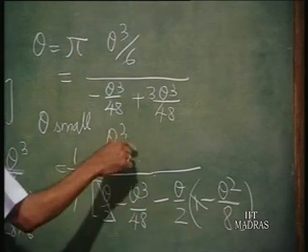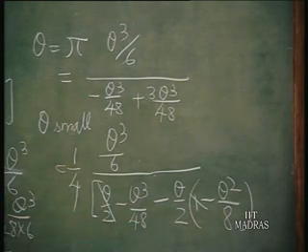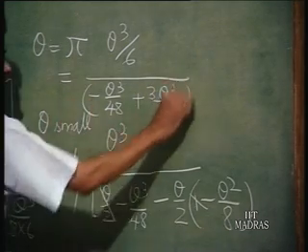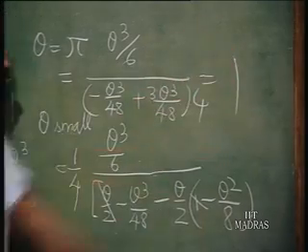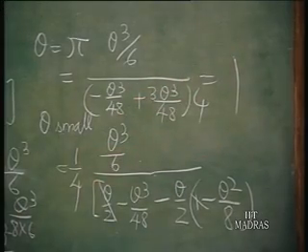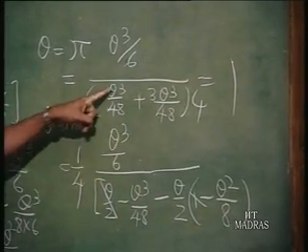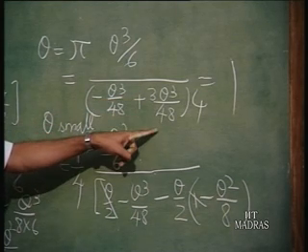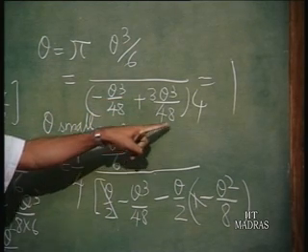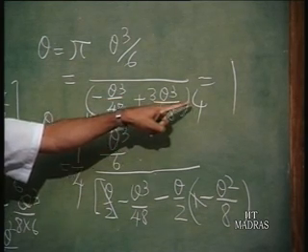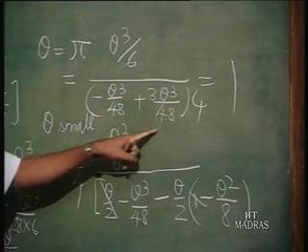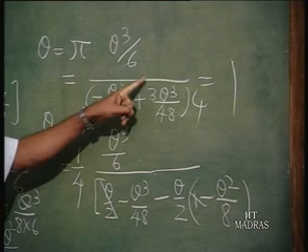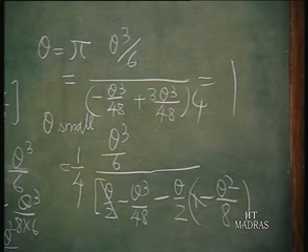So, it is 2 by 48, this whole thing divided by 4. So, this comes out to be 1. 3 by 48 minus 1 by 48 is 2 by 48, which is how much? 1 by 24. Theta cubed by 6 over theta cubed by 6, 100% efficiency.